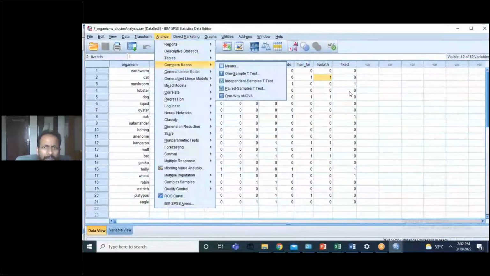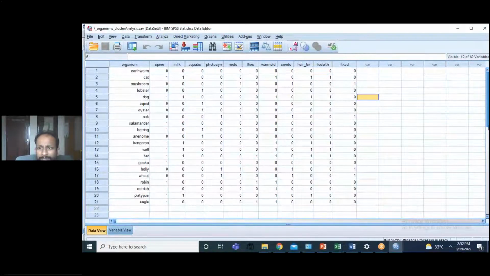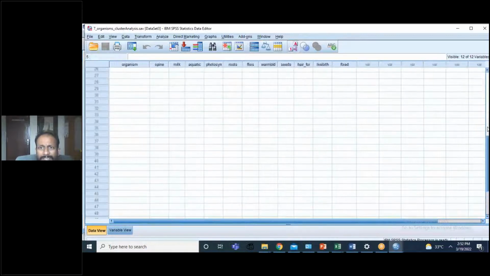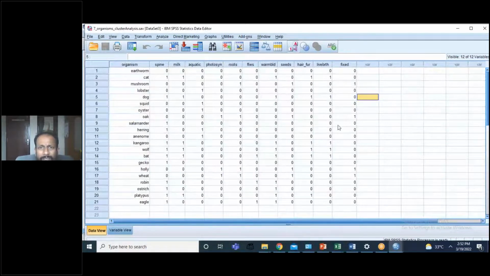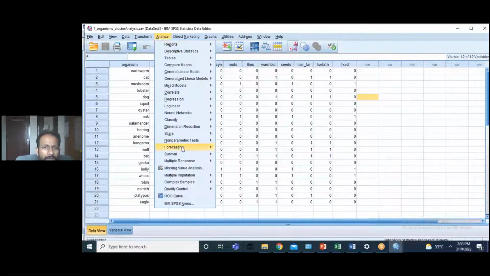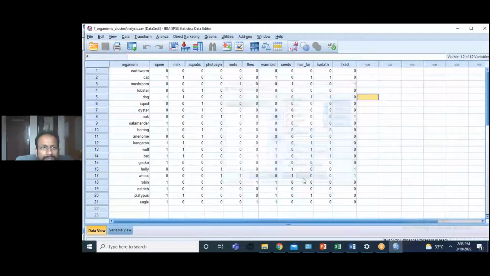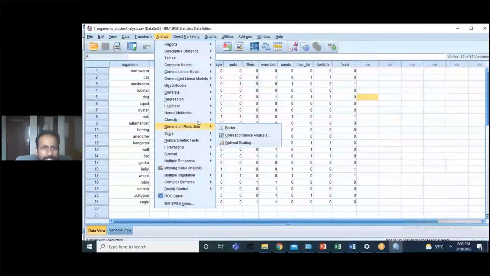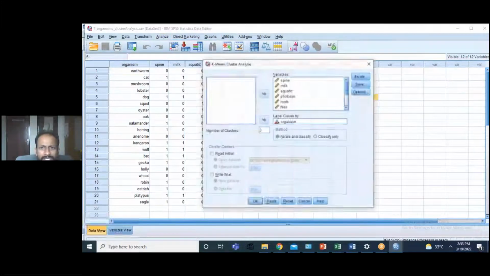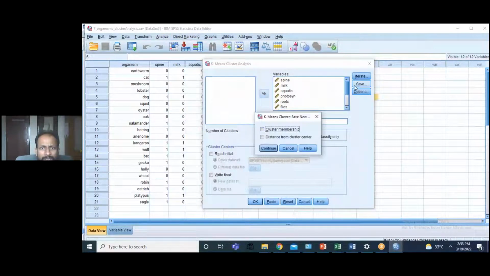Analyze, compare means. Now, one important thing here is that you can also get this output. Organisms, cluster. Classify, K-means, cluster membership.